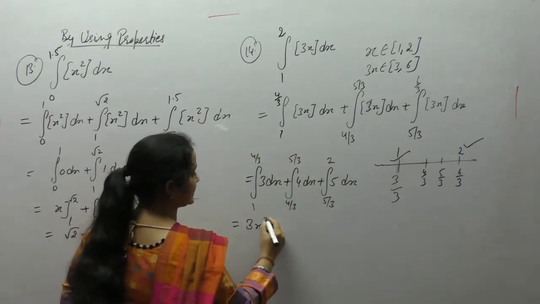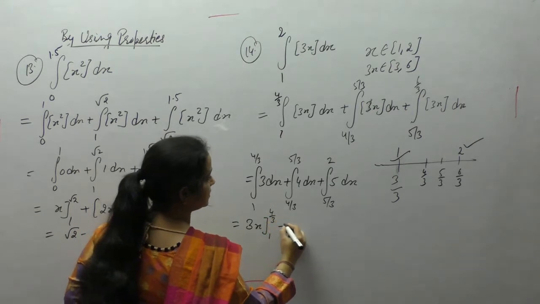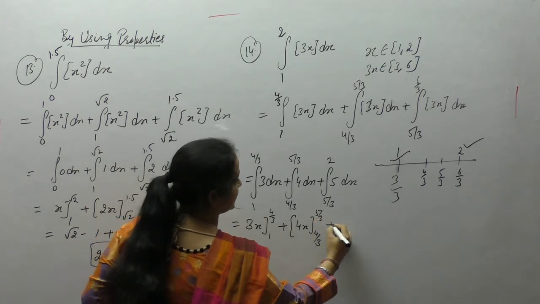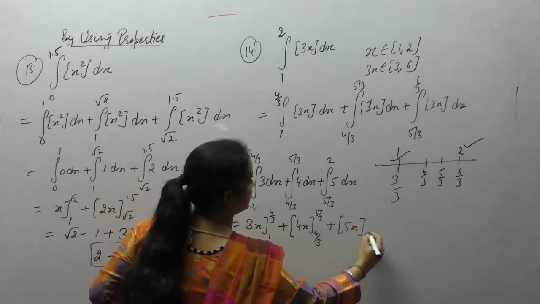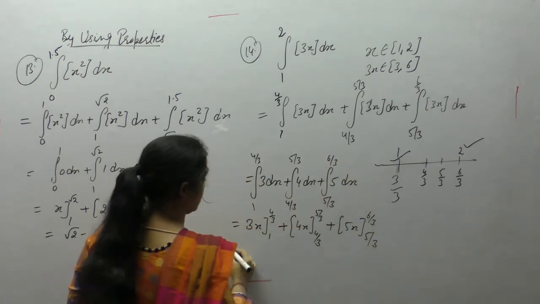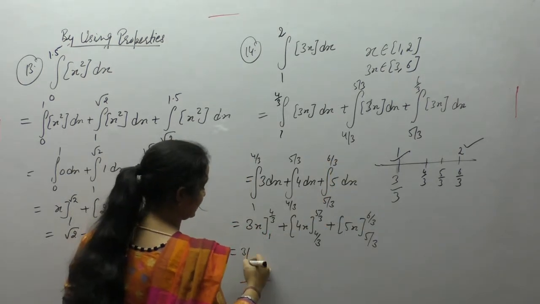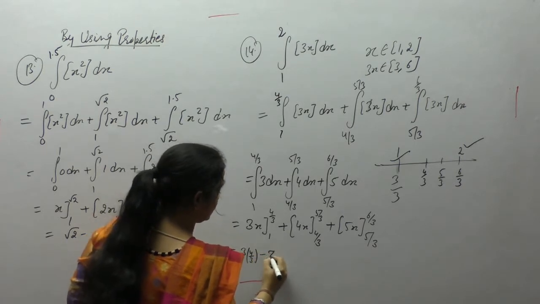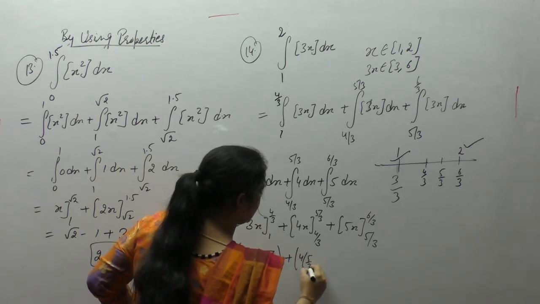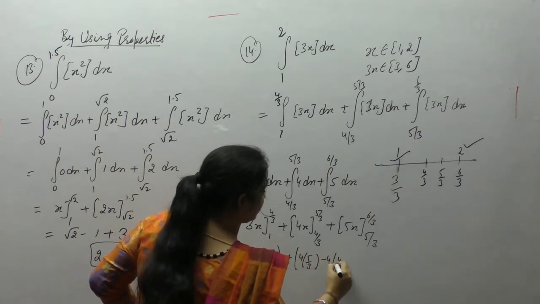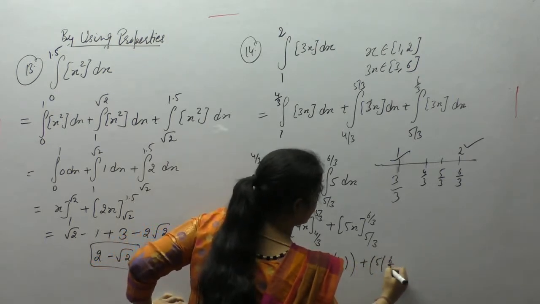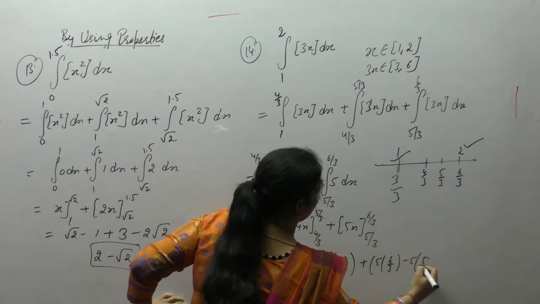Integral of 1 is x, 4x, 4 by 3 to 5 by 3, plus 5x, 5 by 3 to 6 by 3. 3 into 4 by 3 minus 3 into 1, plus 4 into 5 by 3 minus 4 into 4 by 3, plus 5 into 6 by 3 minus 5 into 5 by 3.